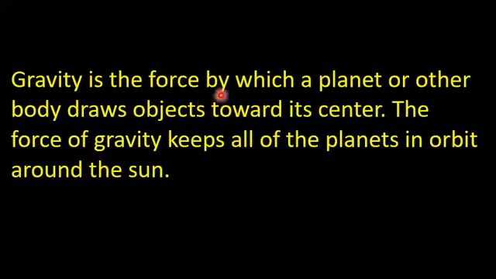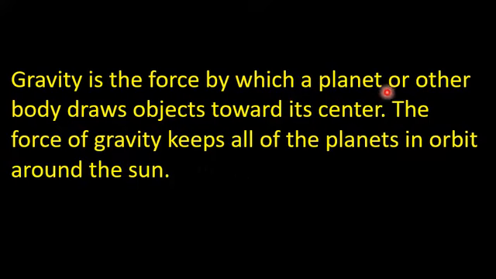Gravity, in general, is the force by which a planet or other body draws an object towards its center. The force of gravity keeps all of the planets in orbit around the sun.